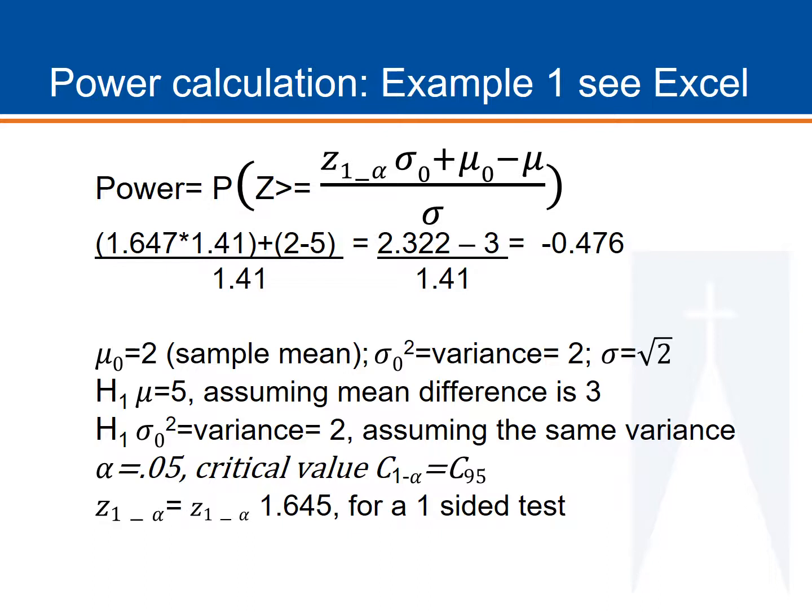Now, the power calculation is based on the power to detect a z greater than that value. So when we're doing the power calculations, we're looking to transform that z number, which we get from this formula, into a probability. So when you remember that bell-shaped curve, think of the number being on the left side of the scale, and our probability is going to be entirely to the right of that spectrum.